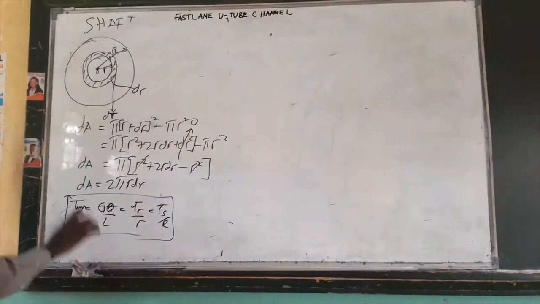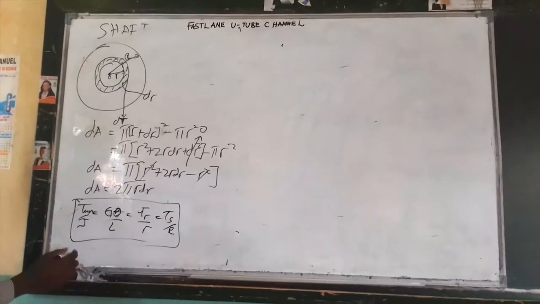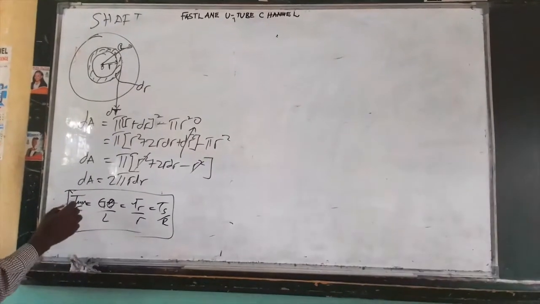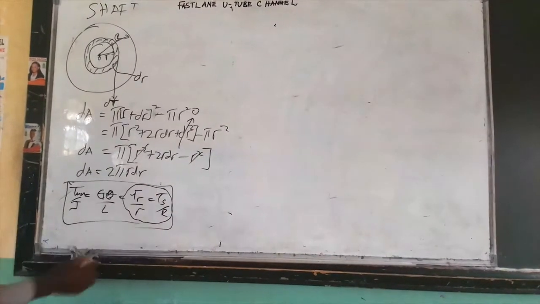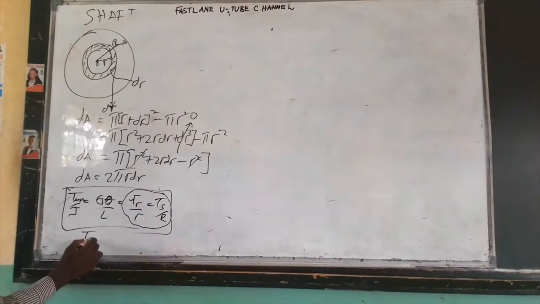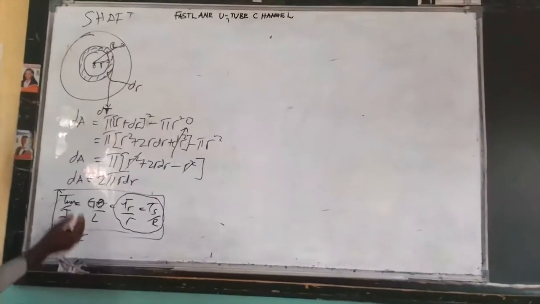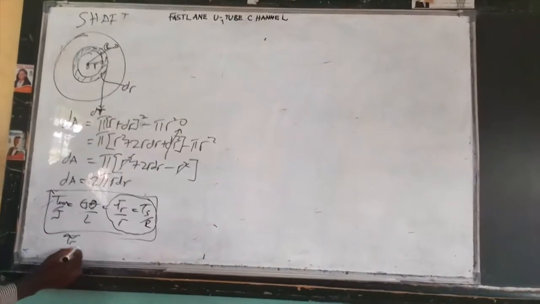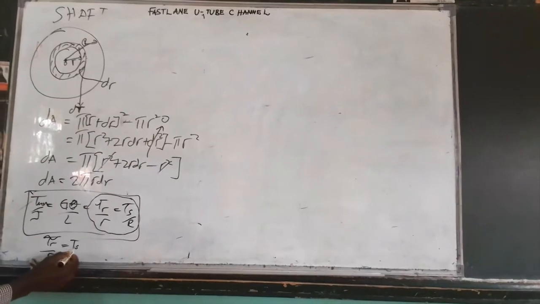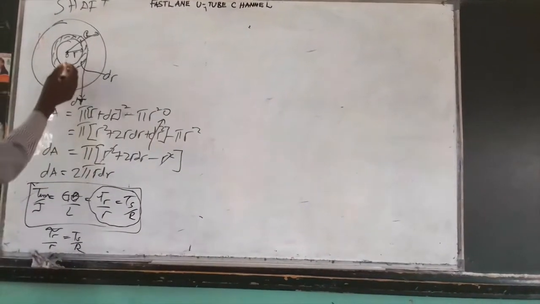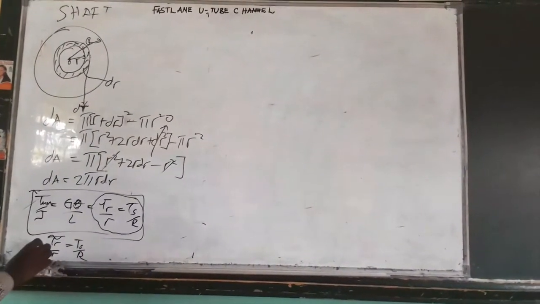This is the torsional formula which we are going to use. We want the tangential force acting on the element, so we relate this to the torsion equation: the tangential stress on the element over r is equal to the tangential stress at the surface over R, where R is the radius of the shaft.